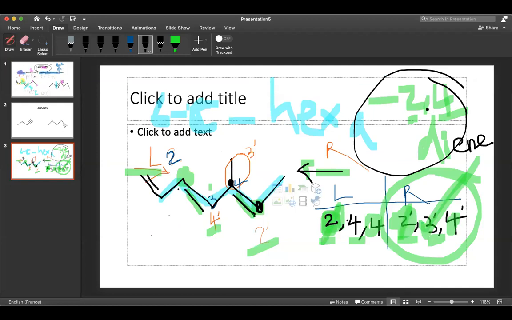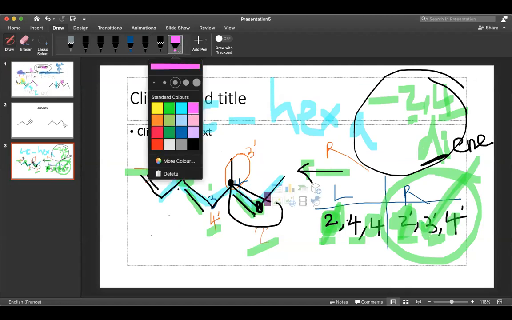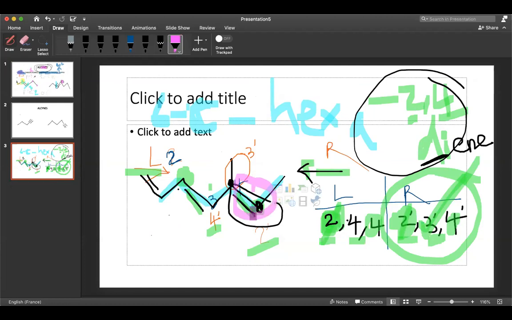So it's going to be 2,4-diene. The di shows that you have two sp2 bonds here. You have this one there. You have another one there. So it shows that you have 2 liaisons.